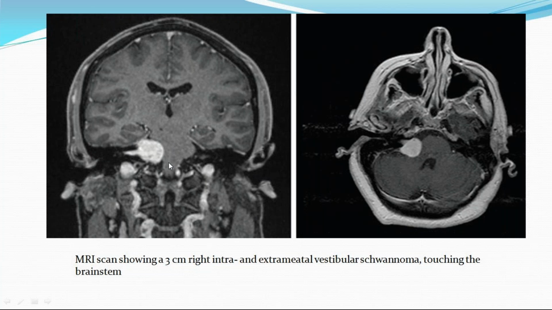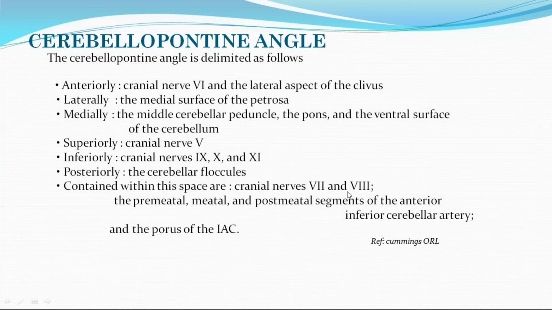This is the MRI. Gadolinium is the dye given, and you can see very nicely the tumor is demarcated. Coming to the cerebellopontine angle, the boundaries are: anteriorly you have the abducens nerve and the lateral aspect of the clivus; laterally the medial surface of the petrous part of the temporal bone; and medially the middle cerebellar peduncle, pons, and the ventral surface of the cerebellum.